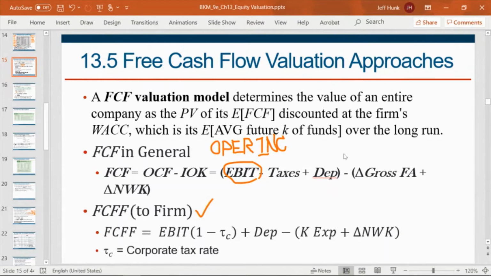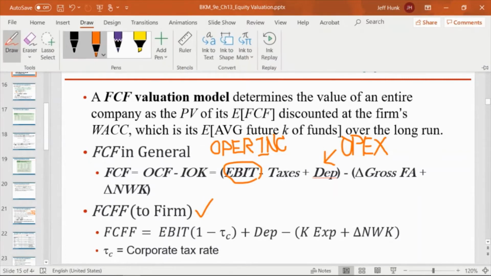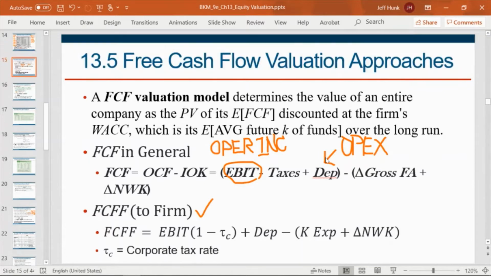I'm not saying this is equal to operating expense, but it is a subset, right? It's part of operating expenses. Or maybe the arrow should be pointing the other way, I guess.